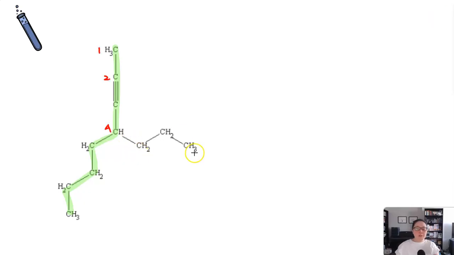Then we have our side chain that has 3 carbons in it, so this is a propyl group. So let's put this all together. Side chains first in this case, so we have 4 propyl, and then we have 8 carbons in that chain, so it's going to be oct. We have our triple bond in carbon 2, and then it's a triple bond, so it's yne.